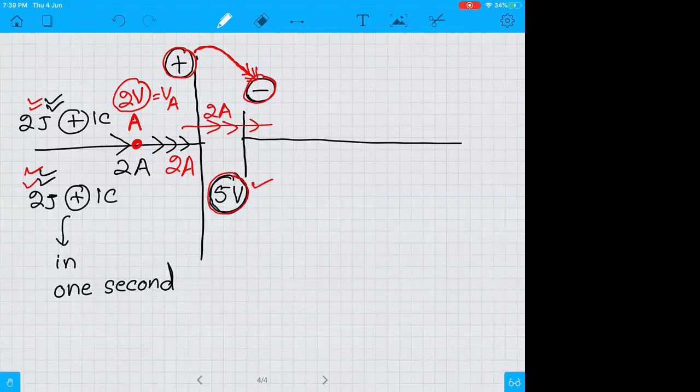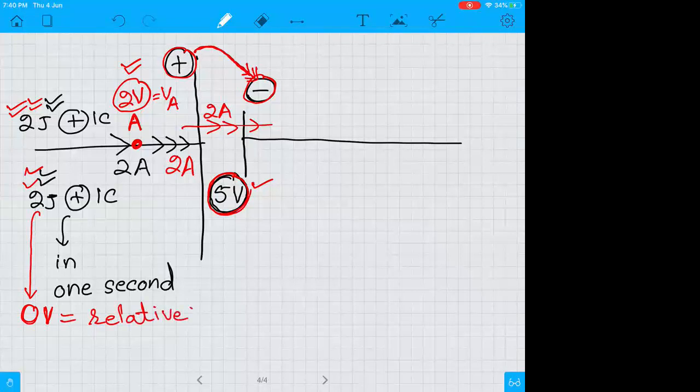Now you can ask a question. How is it possible for a charge that has 2 joules of energy to lose 5 joules? How can the lost energy be greater than the energy possessed? Basically, this 2 volt is with respect to a reference that is 0 volt, and this reference is relative.